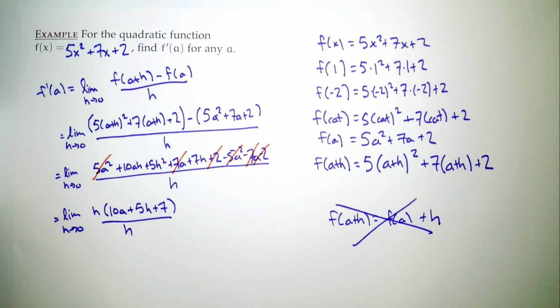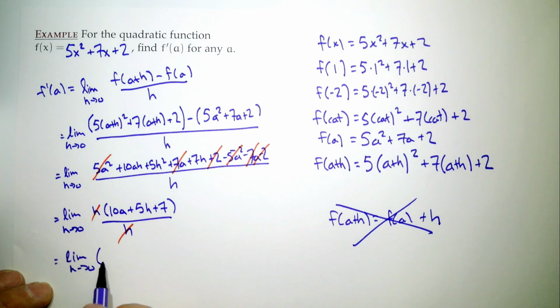We're trying to get to the point where we can actually do a limit. Initially, if we don't do anything, we're going to get 0 over 0. That's guaranteed. So you've got to find a way to cancel. We know that the h downstairs is causing a problem, so we want an h upstairs. The h's cancel, so our limit becomes just 10a plus 5h plus 7.